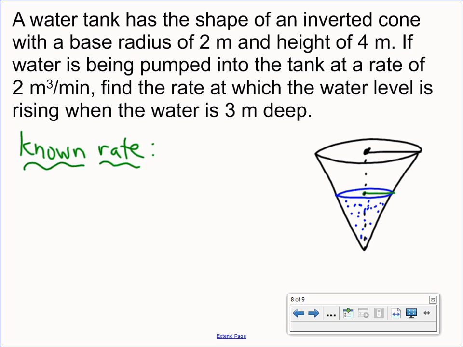What Leibniz notation makes most sense to use for that? dV/dt for the change in volume. So let's go ahead and do dV/dt, and that is a positive 2 cubic meters per minute.